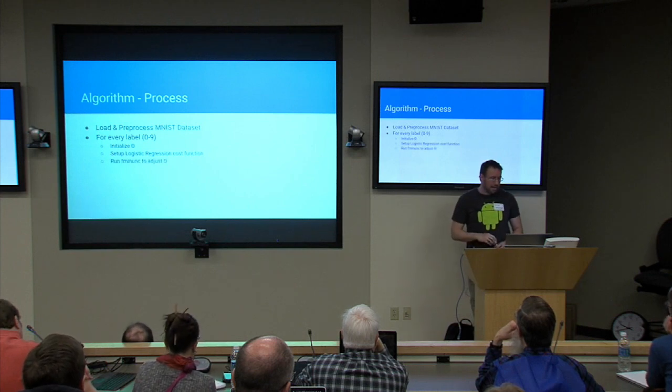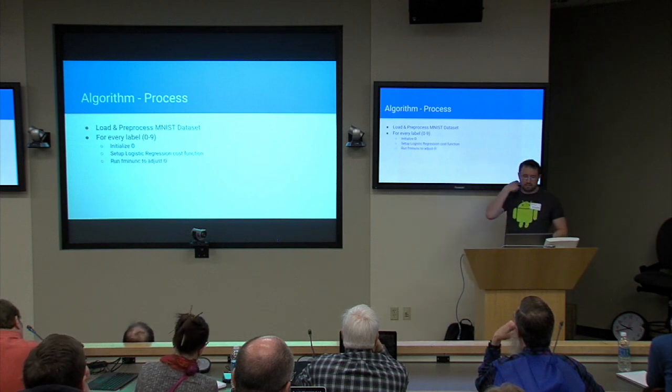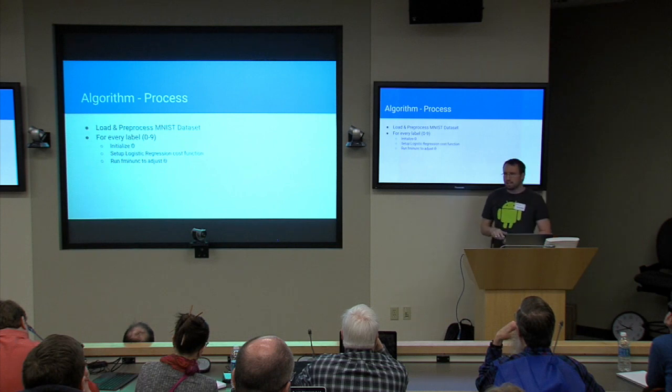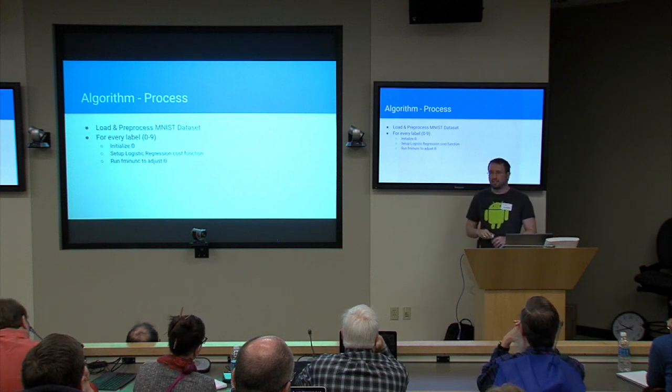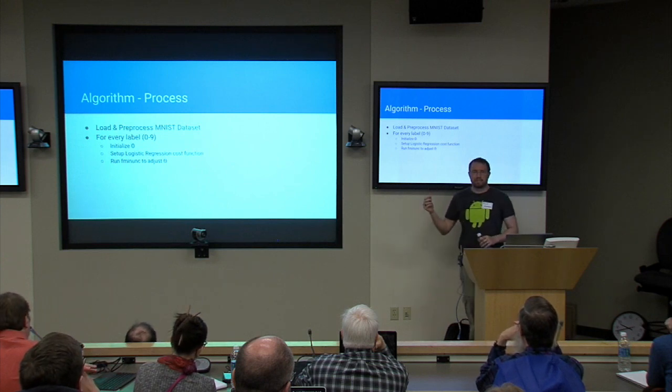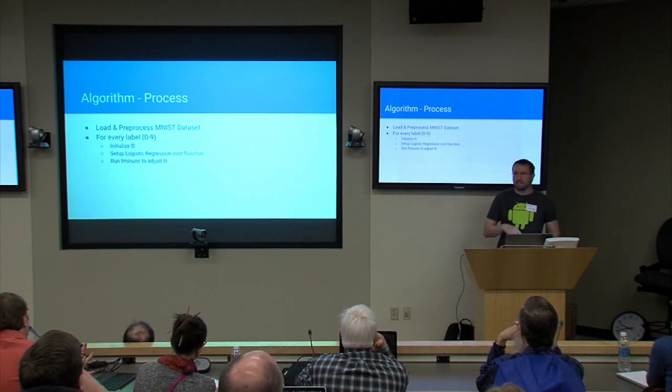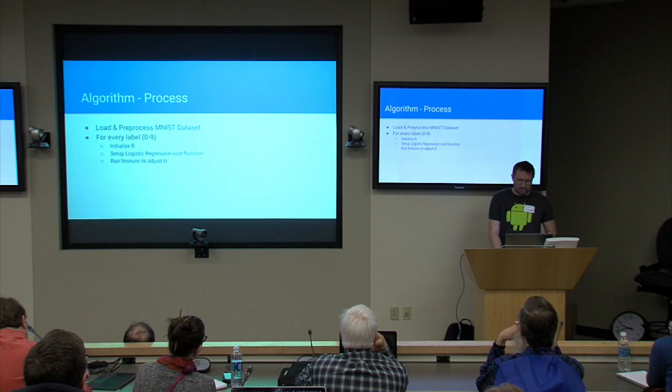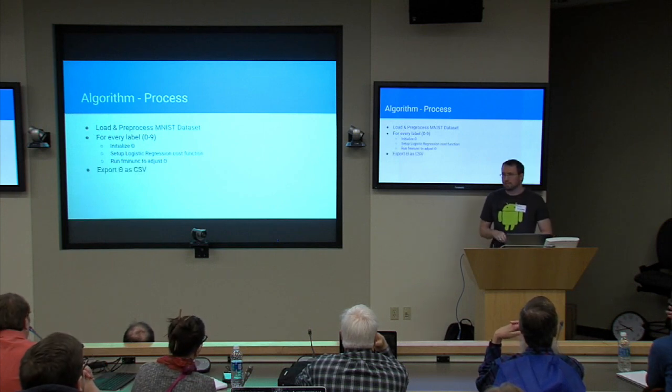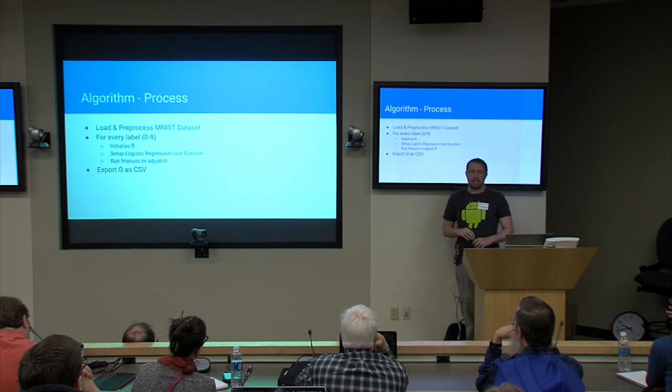We're going to run an inbuilt Octave function called fminunc. It simplifies the iteration code, the update function where we said you're going to update theta; it does all that for you. So it's just a simplification. And then we're going to export theta as a CSV, because we're going to import that CSV into Android to use it.